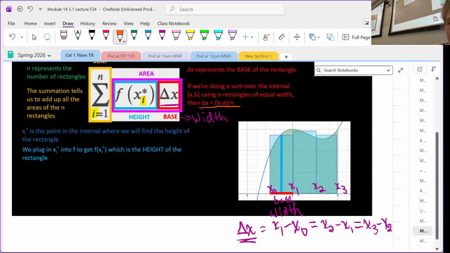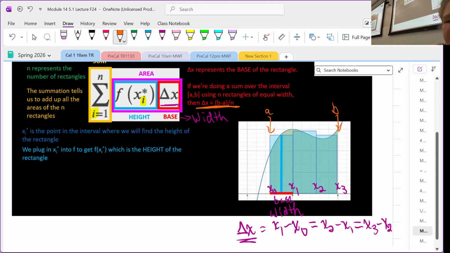Now, our delta x formula: if instead of doing 3 rectangles, I don't know how many rectangles I'm doing, I'd take the full distance between the x's. When we're doing the area under a curve, A and B are the start and the end value for the x's.